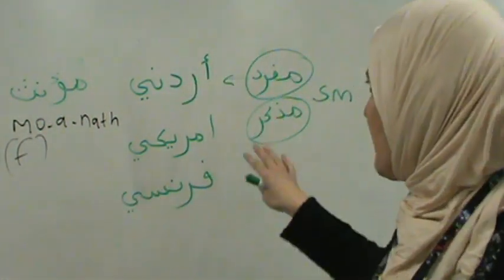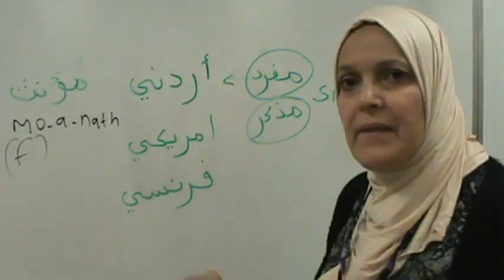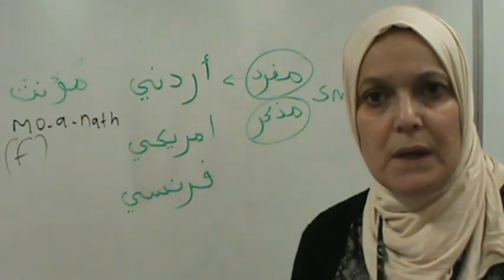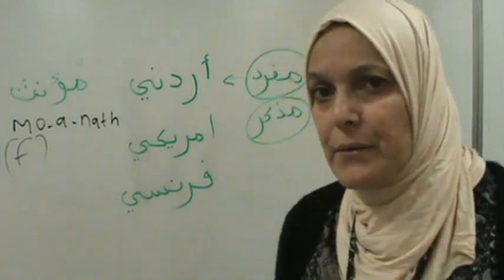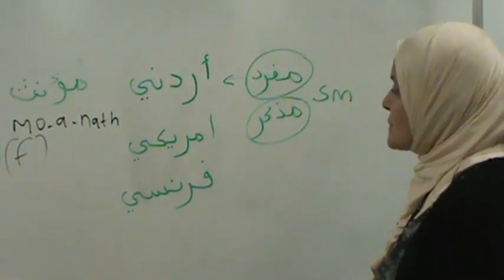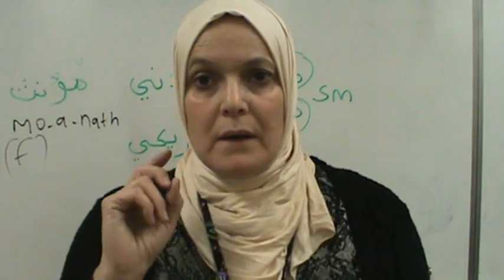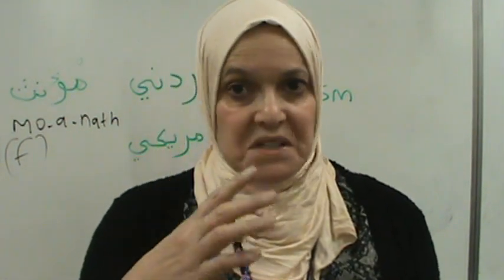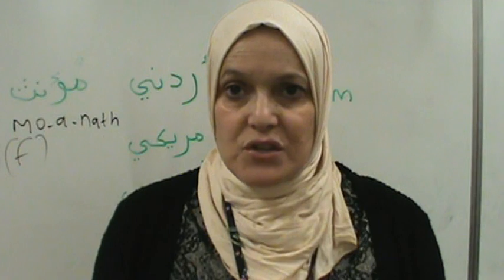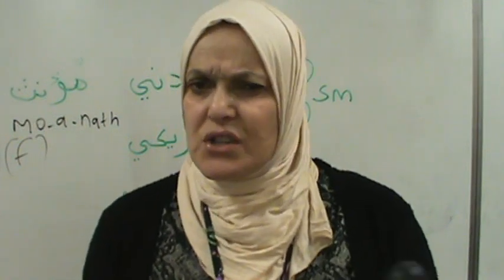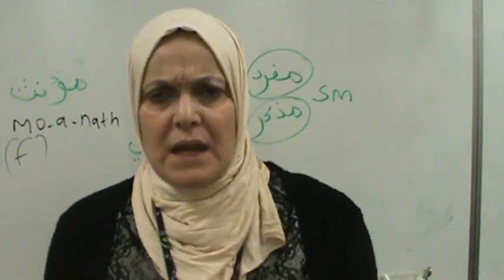I'm going to talk about the masculine, then I can take you to the مؤنث. Let's say I am talking about one single person. He's American, he is French, he is Jordanian, he is Egyptian, any nationality.